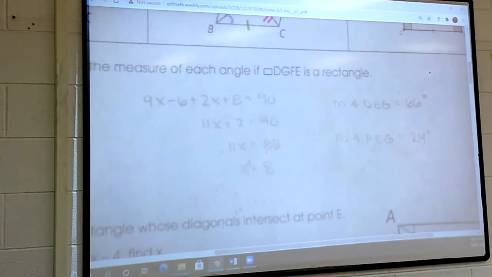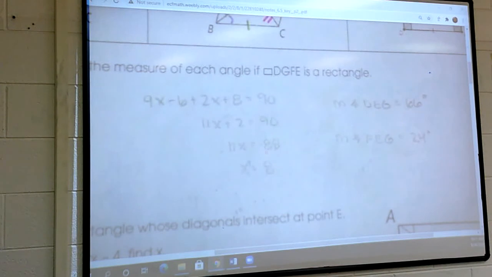Well, then it says find the measure of each angle. If I know that x equals 8, then I can plug it back in to see what it is. For the one angle, DEG, the one that's 9x minus 6, I plug 8 in for x. 9 times 8 minus 6 gives me 66.